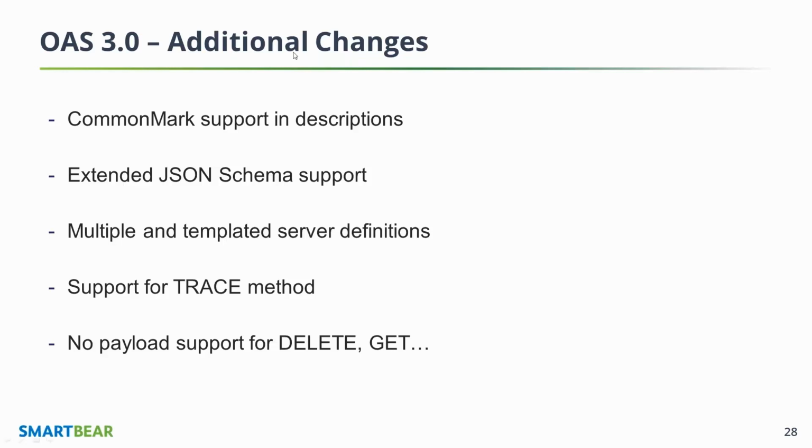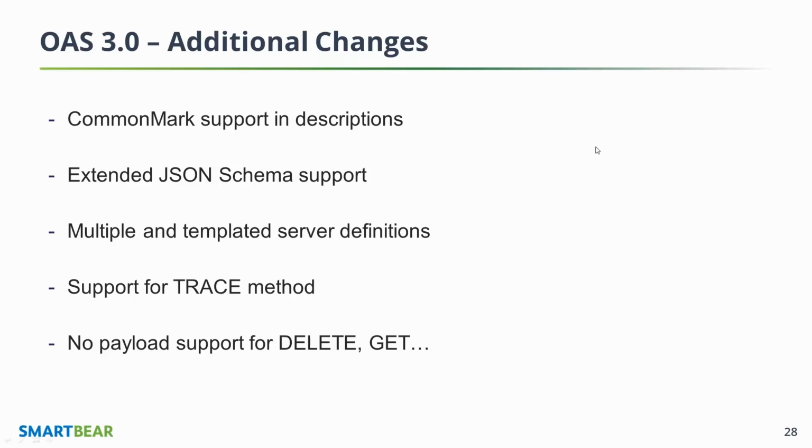Now server just encompasses all those things, but now you can define multiple servers and give each one a description, and you can actually template those servers. So if, for example, you want to have multiple servers in different geographical locations, then you can specify that the prefix of the host is templated and give a set of possible values to that.